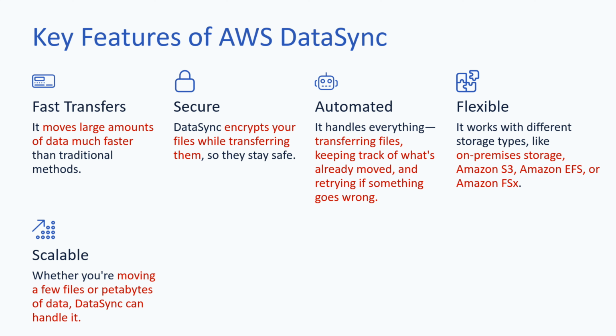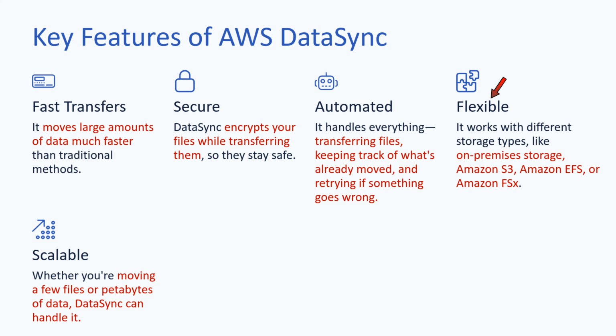Now we will see the key features of AWS DataSync. First one is fast transfers. It moves large amounts of data much faster than traditional methods. Next one is secure. DataSync encrypts your files while transferring them, so the files stay safe. Next one is automated. It handles everything: transferring files, keeping track of what is already moved, and retrying if something goes wrong.